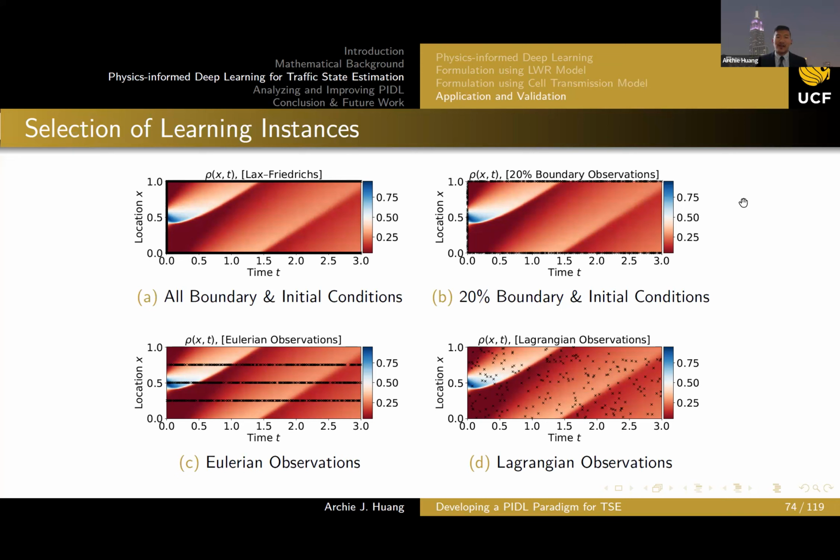In sub-figure A here, that shows a typical learning scenario for mathematically solving partial differential equations, such as Burgers' equation. You have all the boundary conditions, you have all the initial conditions.